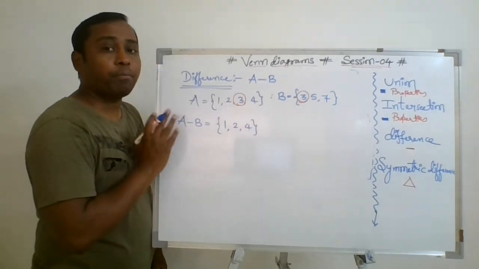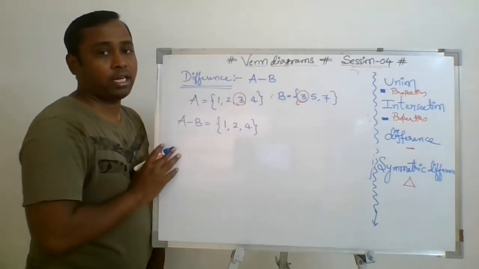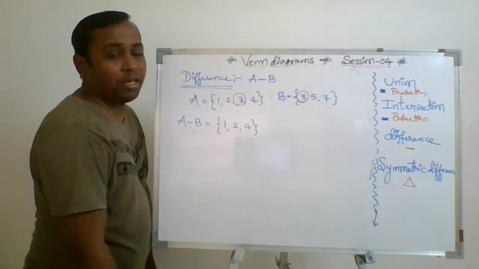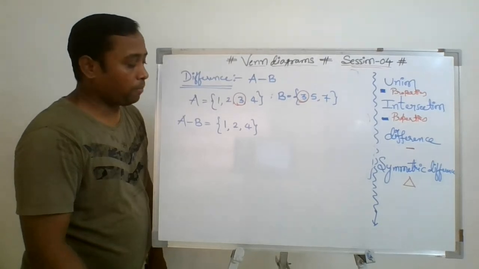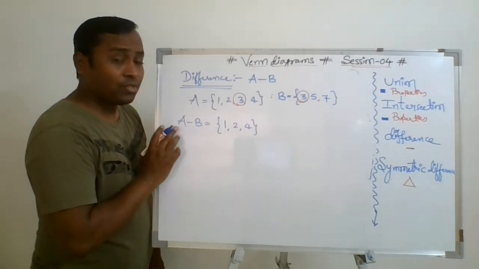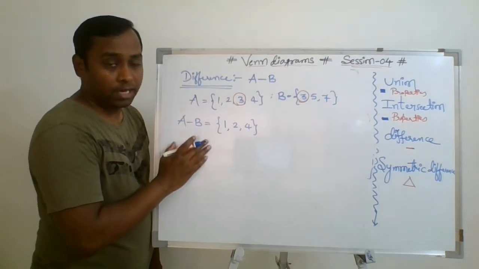A में से B का element को हटा के लिखना है, in simple language. And whatever the elements in B, that doesn't matter. A minus B represents elements which are in A, not in B.